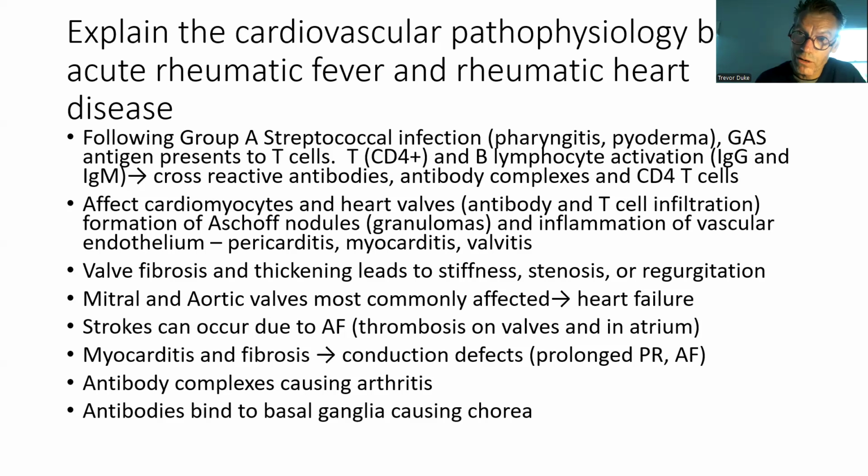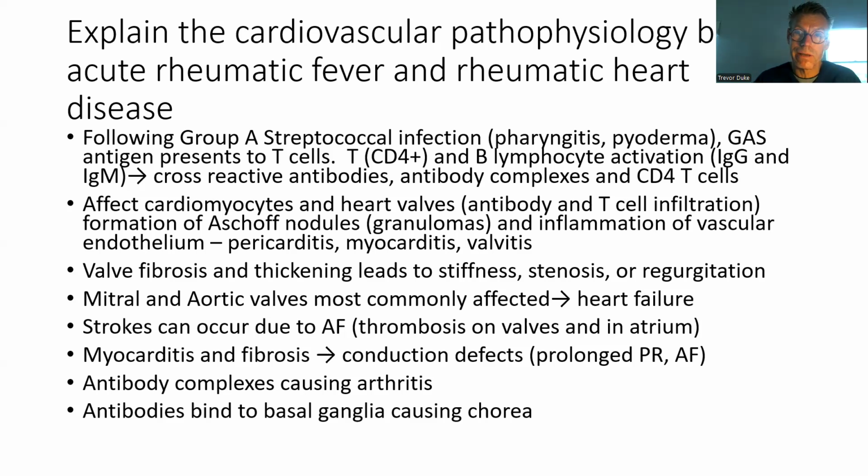Or if the valve is stiff and doesn't open properly, then there'll be a stenotic element to the valve. And for many of these valves with acute rheumatic fever and rheumatic heart disease, there's both stenosis and regurgitation. That is, the aperture is narrower, but still blood can flow back because it doesn't close properly.